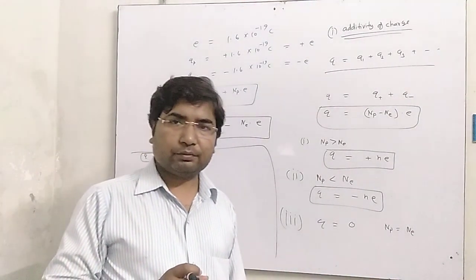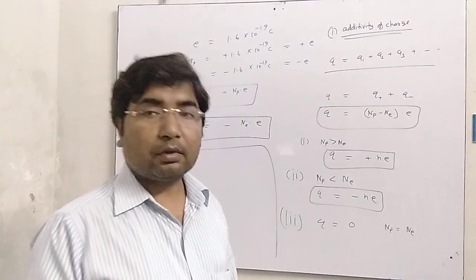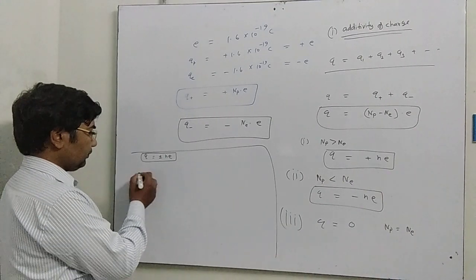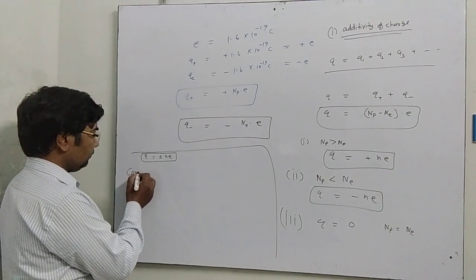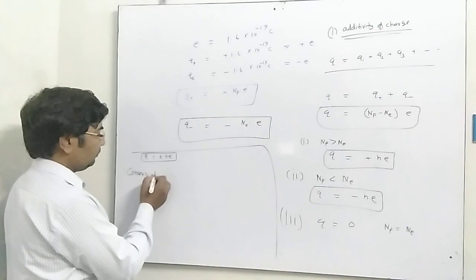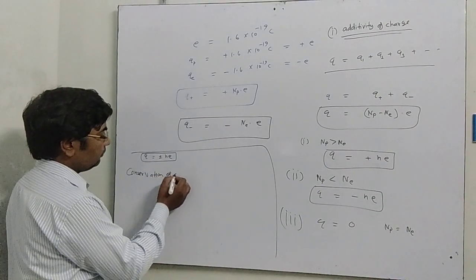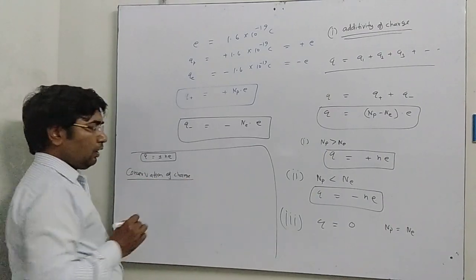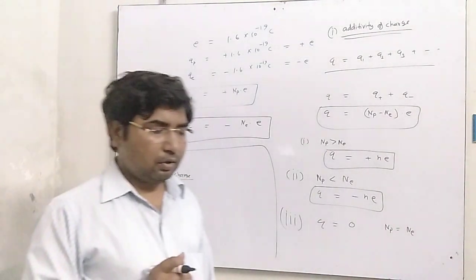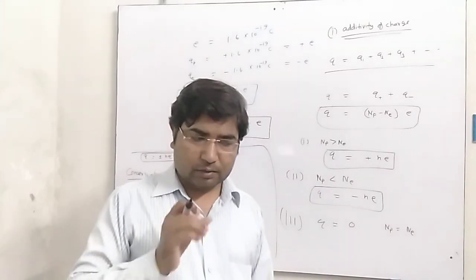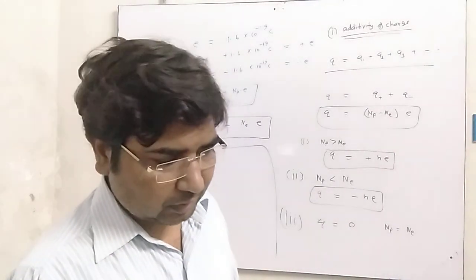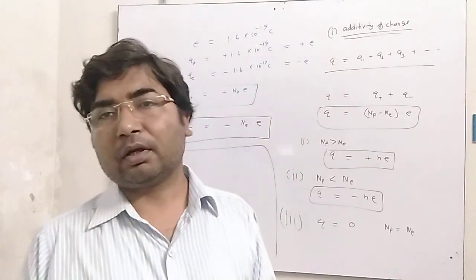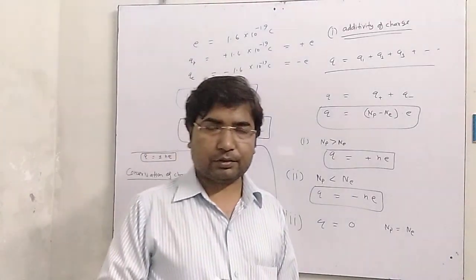The third property of charge is conservation of charge. Now we first discuss isolated system. The system which does not exchange the mass with their surrounding is called isolated system.